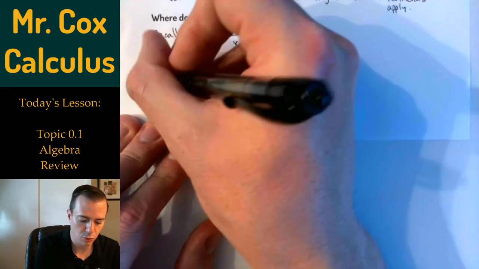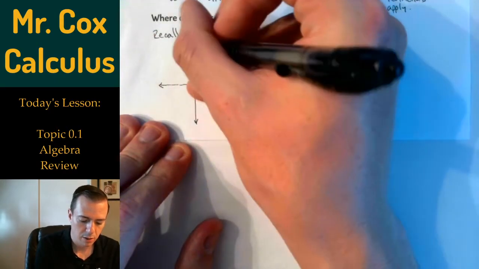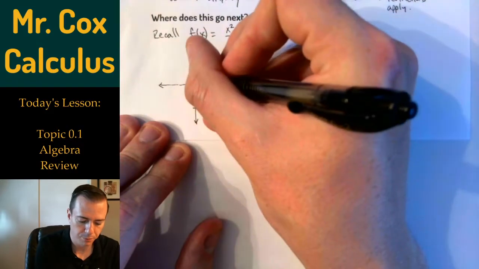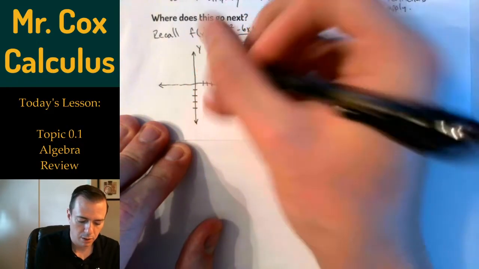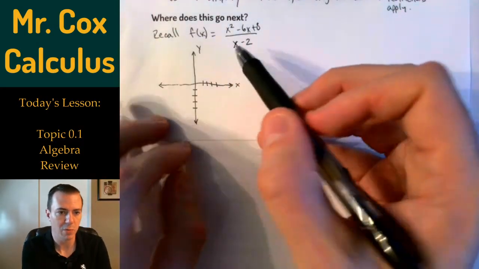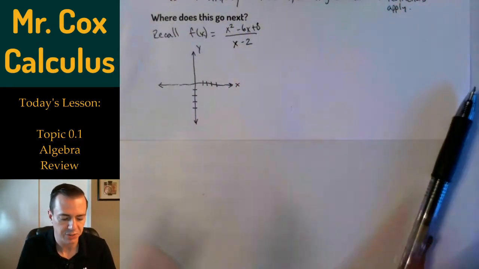this function graphed like the function x minus 4, except we had to exclude 2 from the domain because it set the denominator equal to 0.